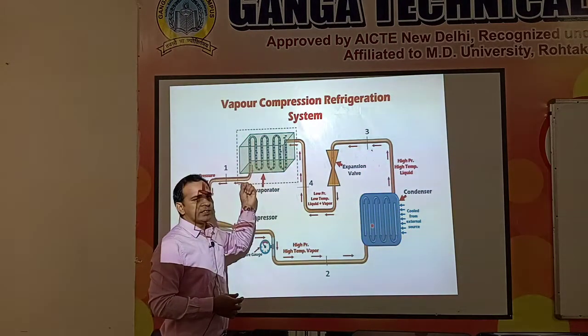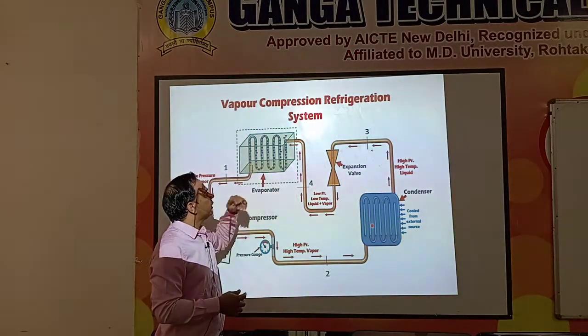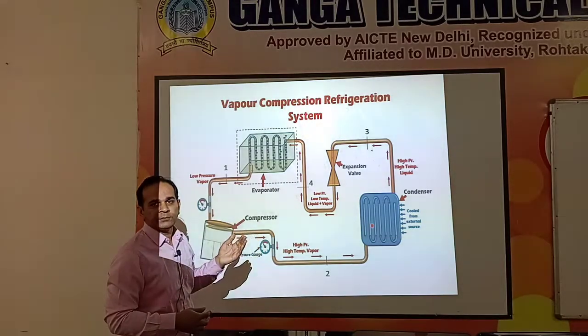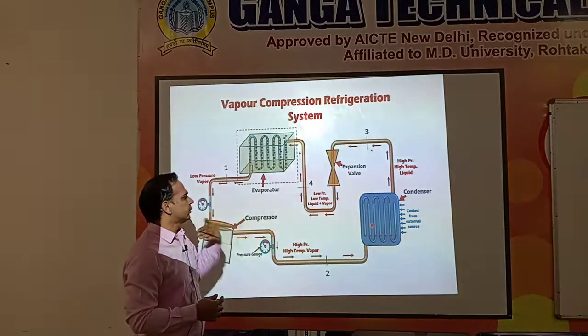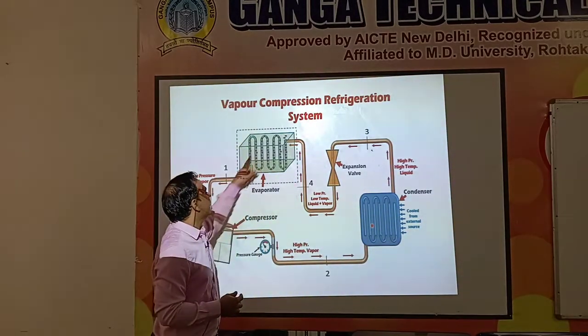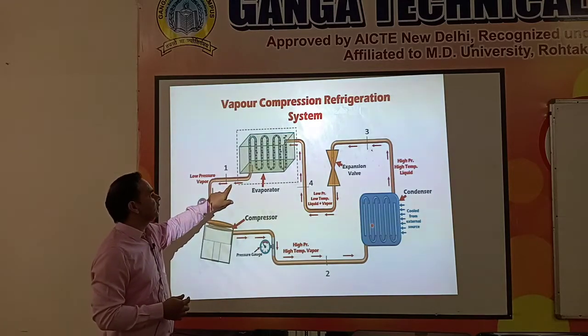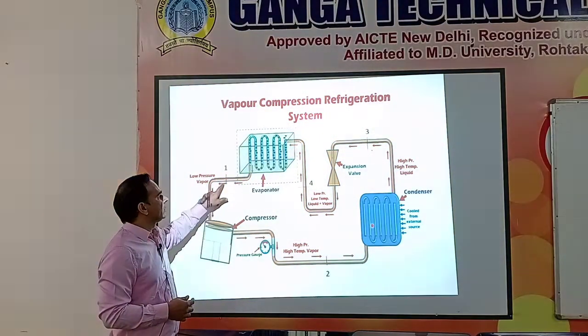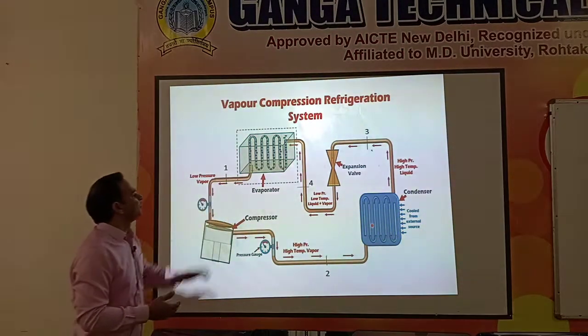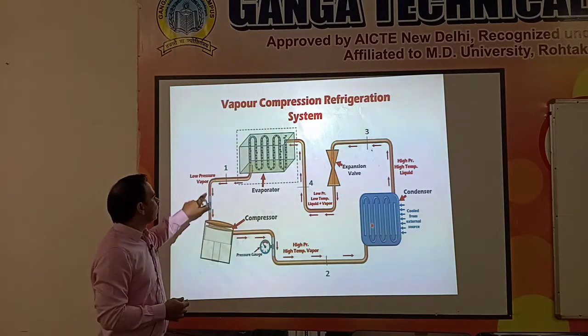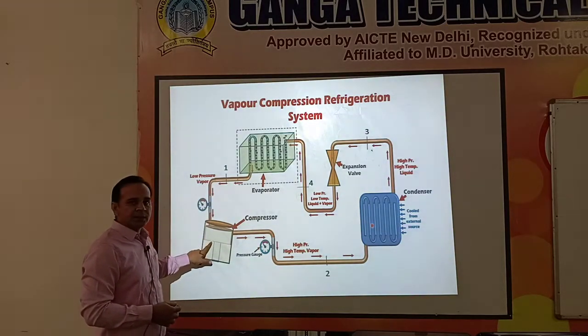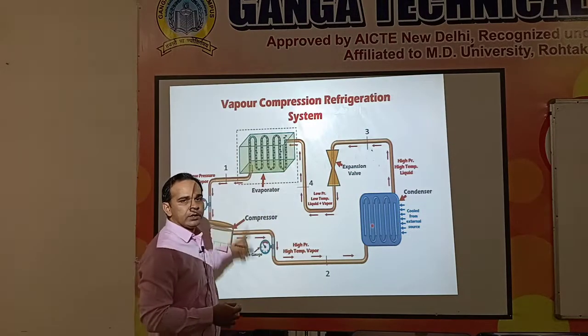So as it gains the heat, the liquid portion of this refrigerant will vaporize, and we will get a low pressure vapor exit at this point. Then again this low pressure vapor will enter the compressor and the whole process will continue.